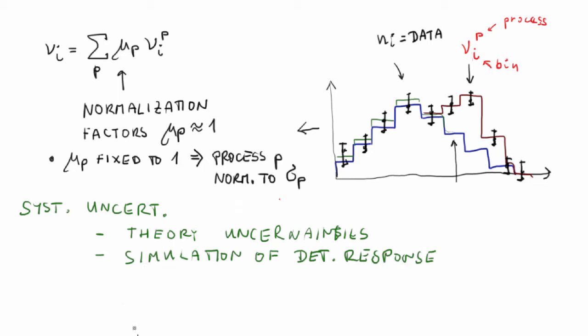Between the real and the simulated detector, there can be differences, for example, in object reconstruction and selection efficiencies, object energy calibration and resolution, and others. Each difference has to be quantified and corrected for. However, the quantification comes with an uncertainty.